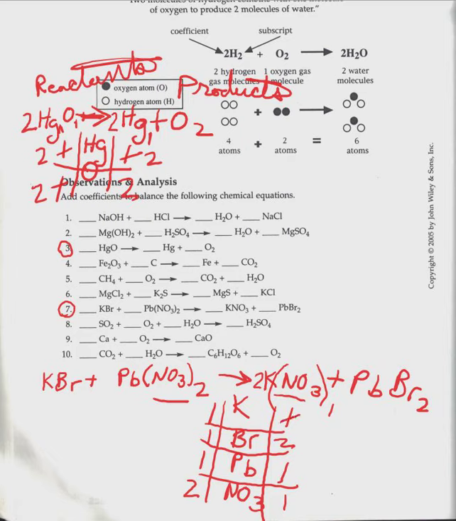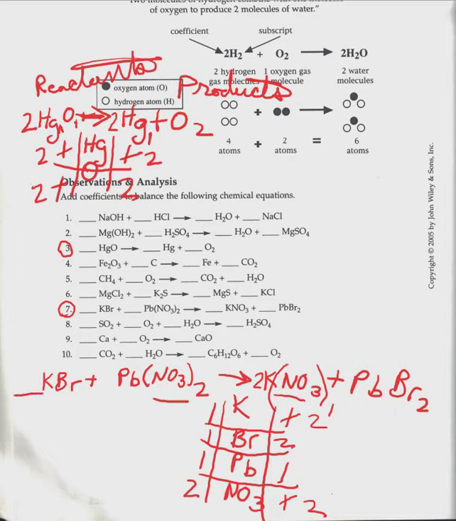So now I have 2 potassiums, 2 Ks, and 2 nitrates. So now my nitrates are balanced, my leads are balanced, but my potassiums and my bromides are not balanced.